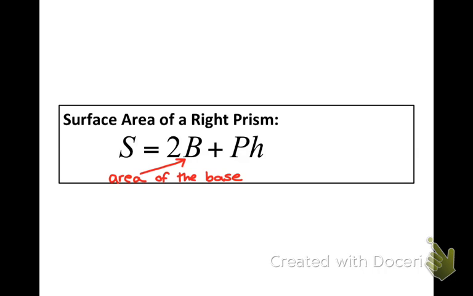Why do you think to find surface area, I can find the area of one of my bases and then double it? Because they're the same. Because there's two bases in a prism, right? There's the top, the bottom. The capital P stands for the perimeter of the base.